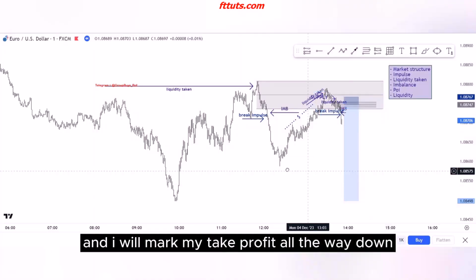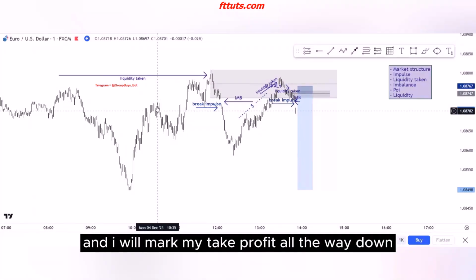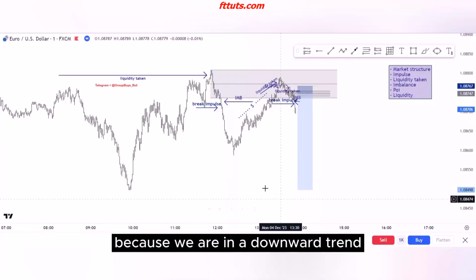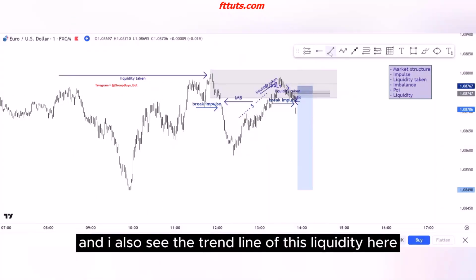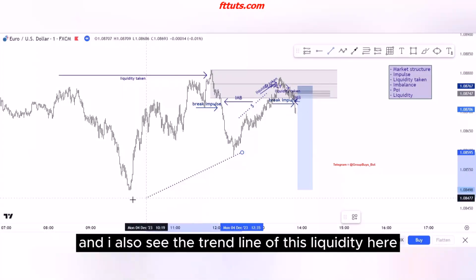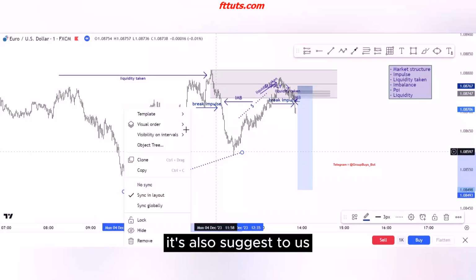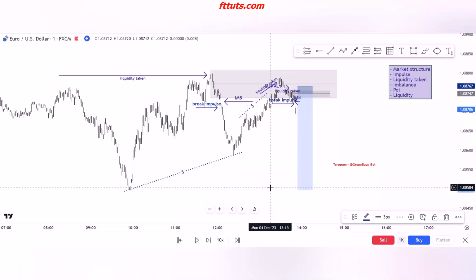And I will mark my take profit all the way down because we are in a downward trend. And I also see the trend line of this liquidity here. It also suggests to us that they will come here to take it.